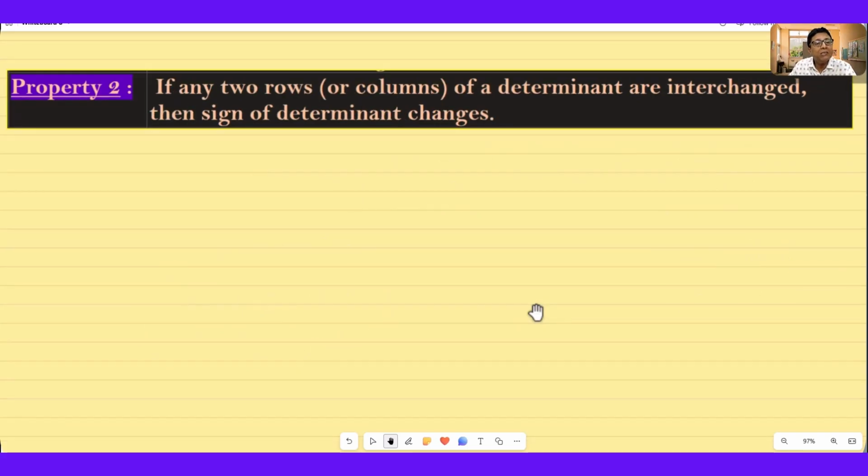What does this property stand for? If any two rows of a determinant are interchanged, then the sign of the determinant changes. What does it mean? Any two rows of a determinant are interchanged. It may be in the case of columns also. I just explained, no proof is required.